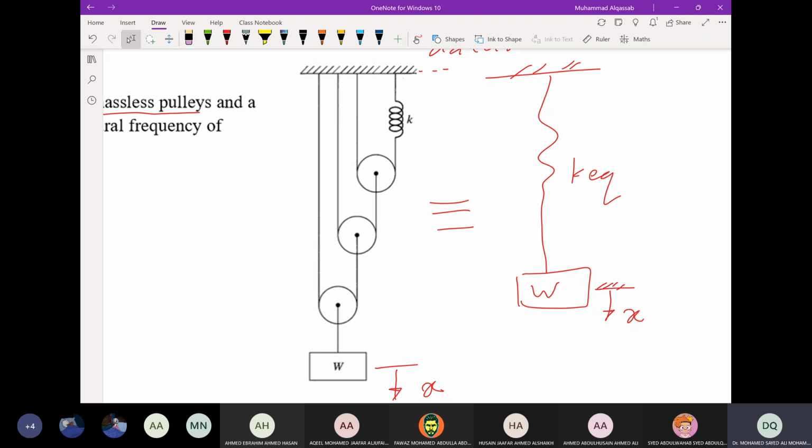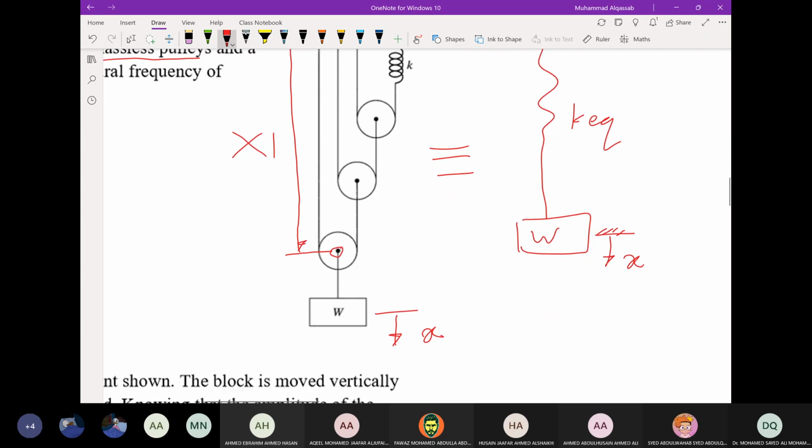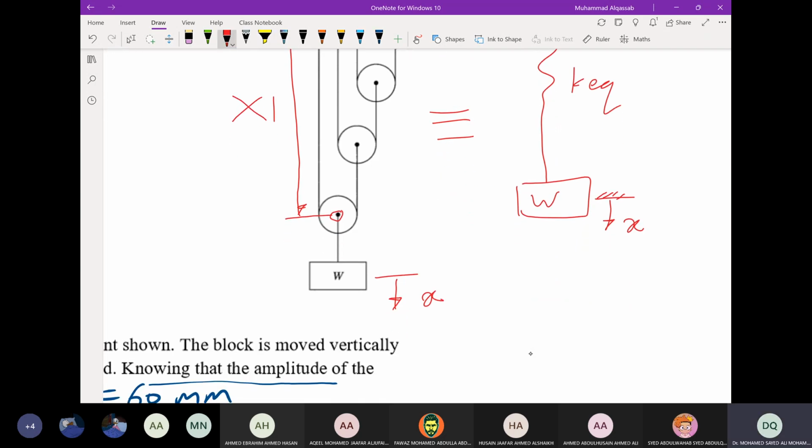Then you can give the location of the center of the pulley as x1. This point, the center of the pulley, is moving with x1, which is the same as the weight, plus some constant.